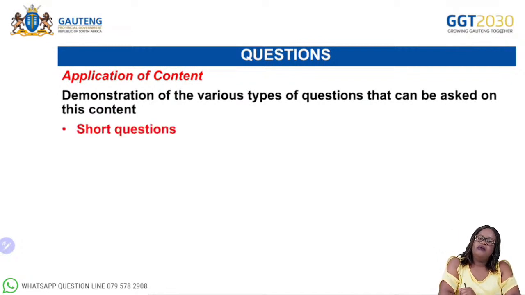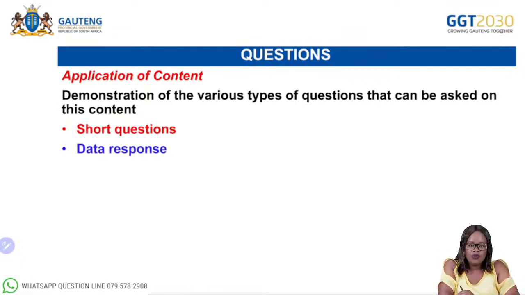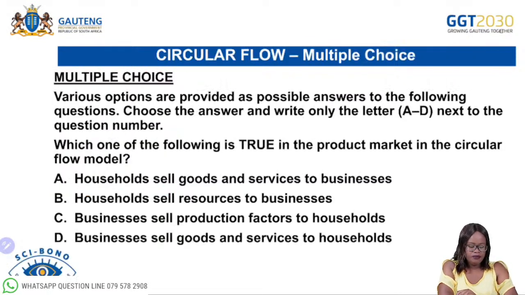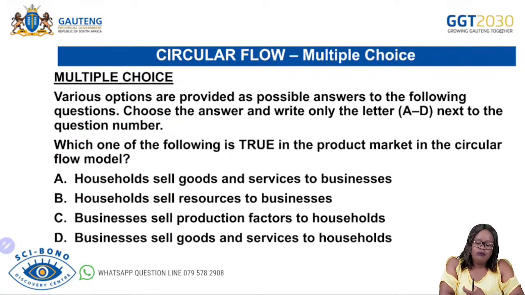And then when it comes to the types of questions that may be asked, we have what we call short questions, we have data response questions, we have paragraph questions, as well as essay type questions. I'm going to be explaining them at a later stage. Right, now we come to multiple choice questions.